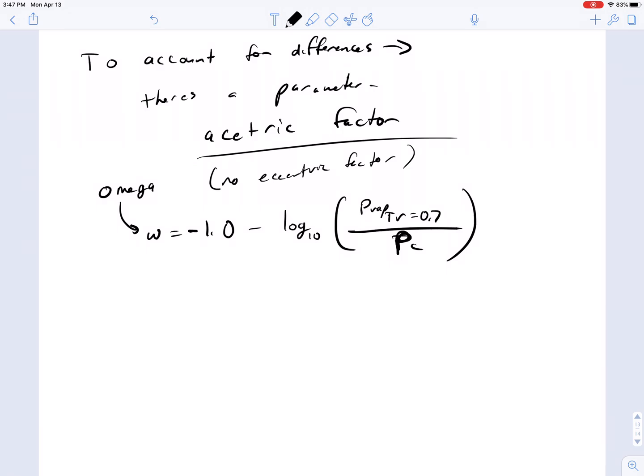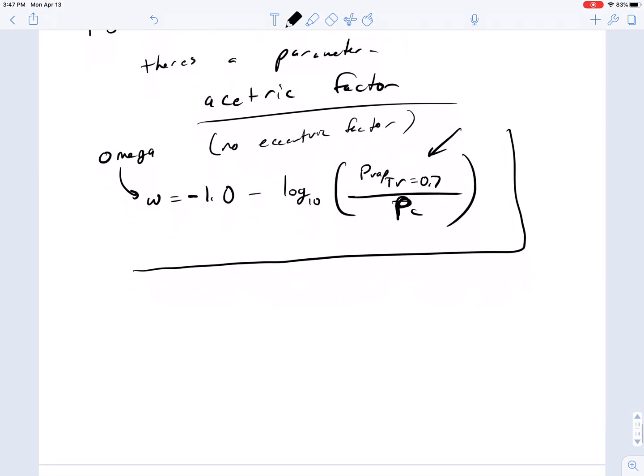This is a parameter that's been found. If you measure this one value of what this vapor pressure is at a reduced temperature of 0.7, which means you're in the regime where you're less than 1, which means you can have more than one phase, that gives you the acentric factor.